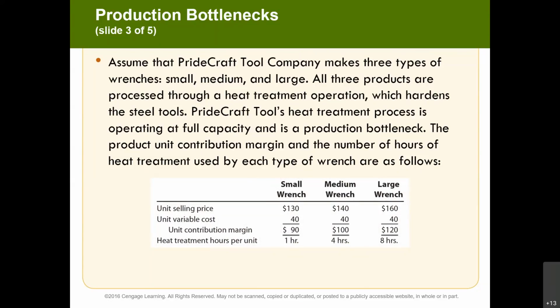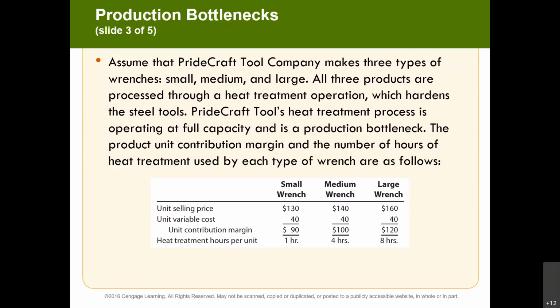That's basically the concept of how we form tools, right? Is through heat. So this company's heat treatment process is operating at full capacity and is a production bottleneck. It has a production bottleneck because it's operating at full capacity, and that means its demand is very high.